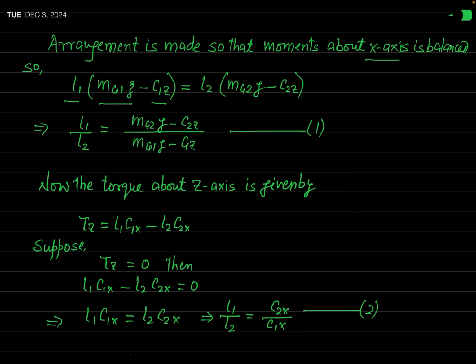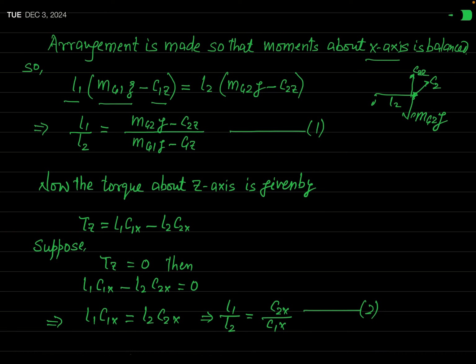Now in a similar manner you can see there is another body of mass m2, and the force of gravity acting on it is mg2 times small g, and this perpendicular distance is L2. Again, this is the centrifugal force acting on it, and its component will be in this direction. This will be C2z.